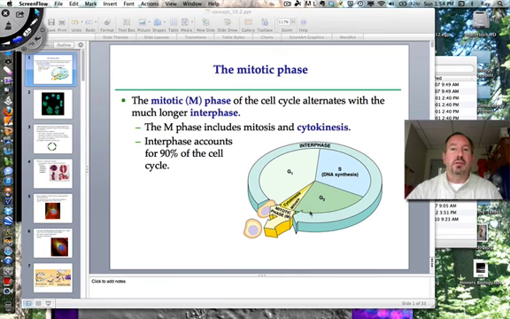Its volume is more than its surface area can sustain. So it undergoes this hour-long process called mitosis, which is the focus of this conversation today. And then the last 5 minutes before it actually breaks up is called cytokinesis, which is cell division, where the cell pinches in into two cells.